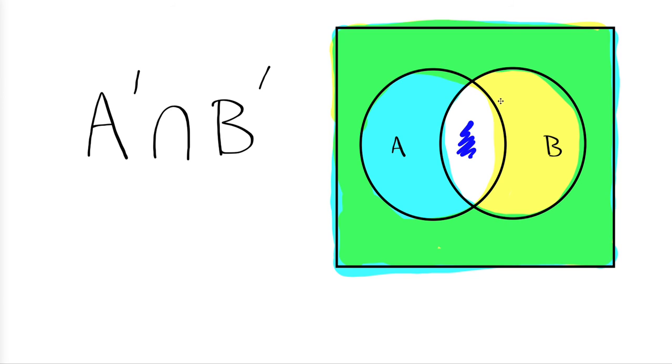So not A was yellow, so I drew everything outside of A. And then not B, I drew everything outside of B, and that was the blue.